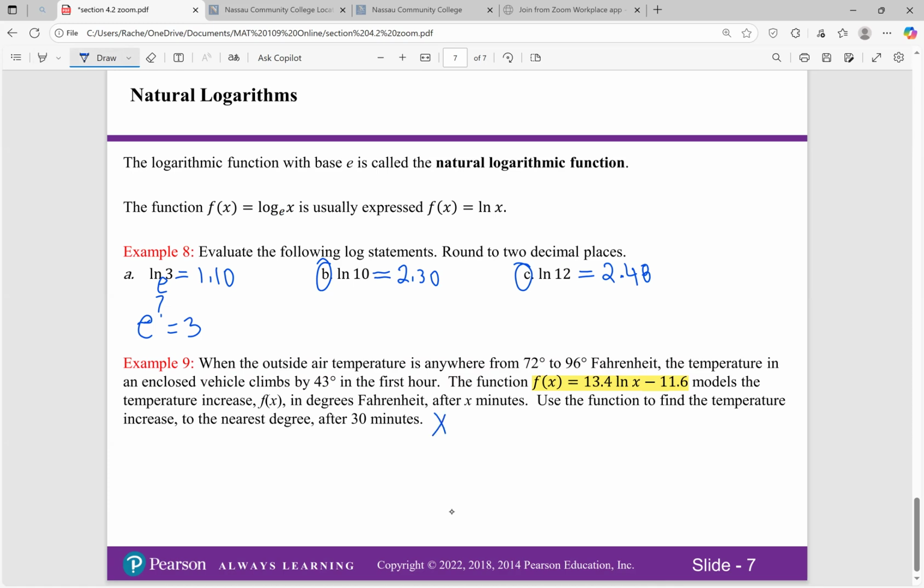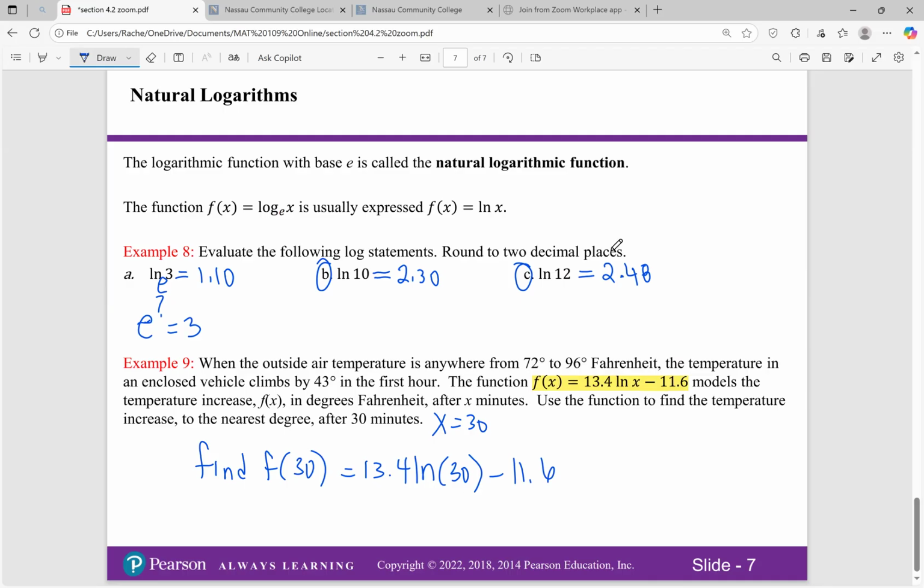So in this case, x is 30. So we want to find the value of the function when x is 30. In other words, f of 30. So that's going to be equal to 13.4 times the natural log of x, but we're replacing it with 30, and then minus 11.6. And that we could plug into the calculator.